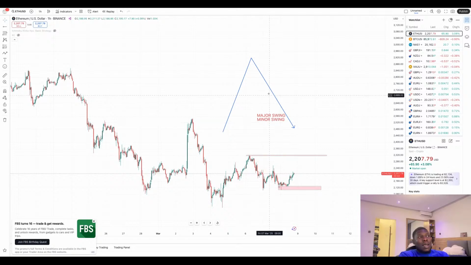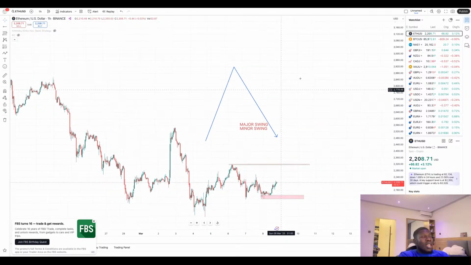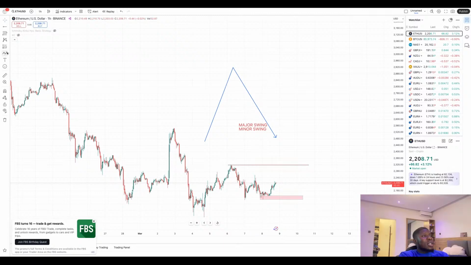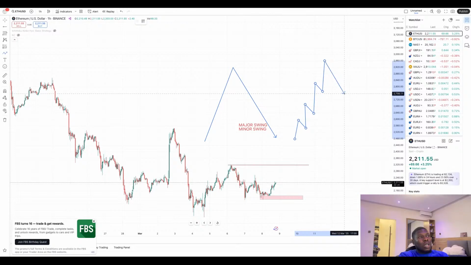A minor swing is part of a major swing in the sense that, let's say this is a market movement. The market wants to go up like this, but it turns out the market went up this way, this way, and when the market wants to come down, it came down this way.